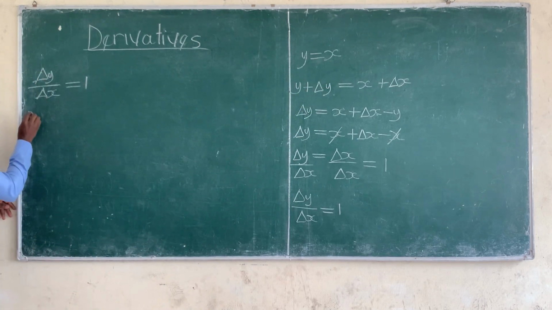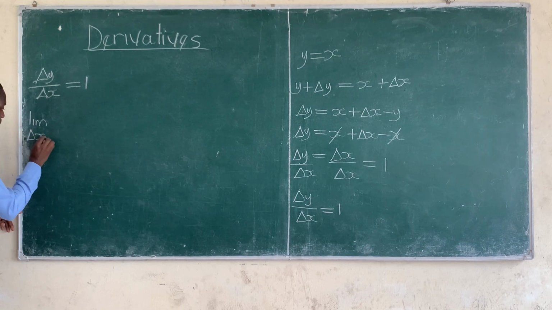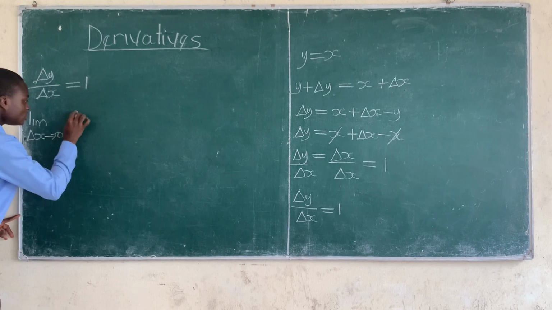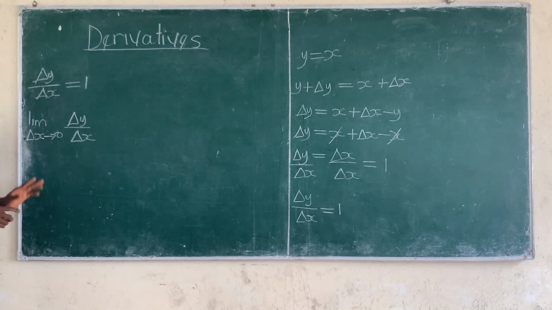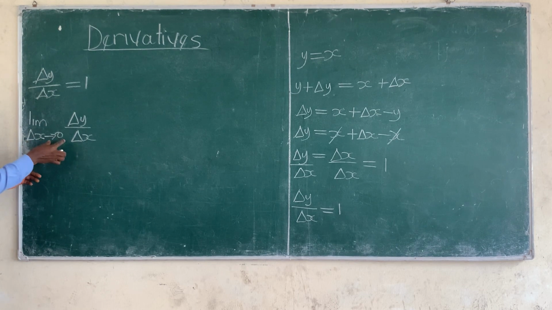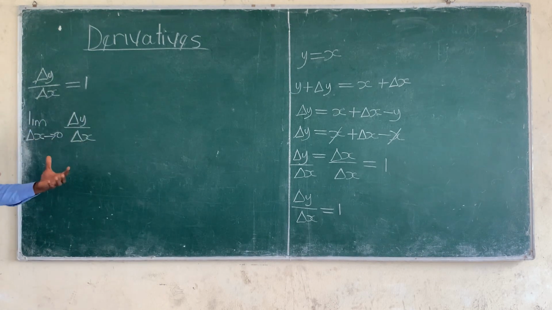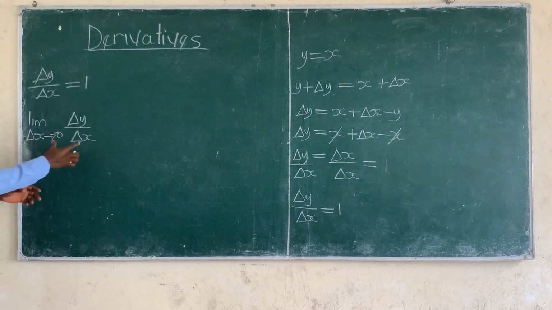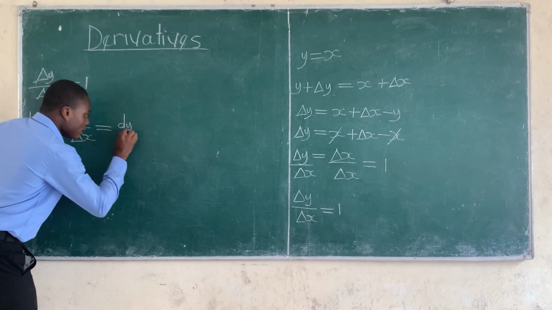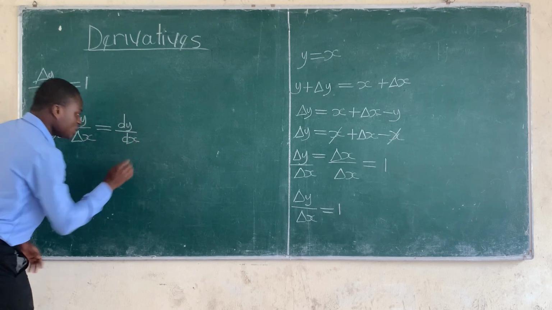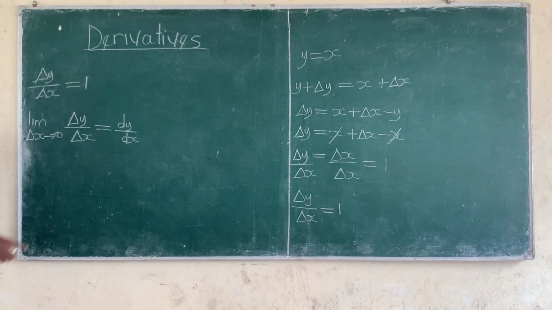So if we take the limit as the increase in x approaches 0 of this slope, which is change in y over change in x, because we have seen from the graph that the increase in x tends to zero, there we have dy dx, which is the derivative of that function.